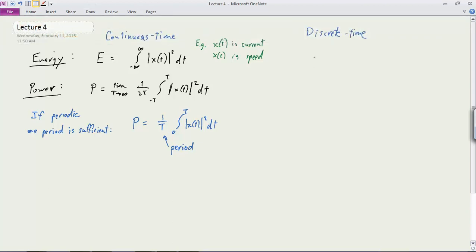In discrete time, we have the same thing, but as you'll see over and over, we're just going to replace integrals with sums to get our discrete time formulas. So here we just sum the magnitude squared for the energy, and the power is the same limit, n to infinity.